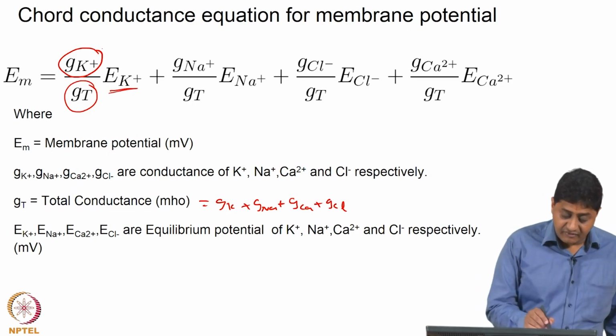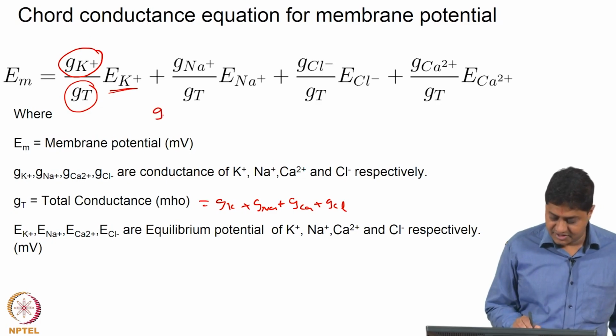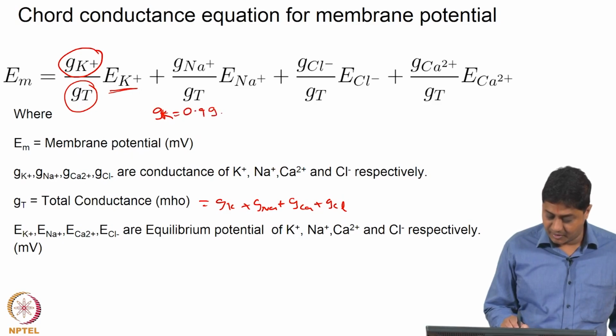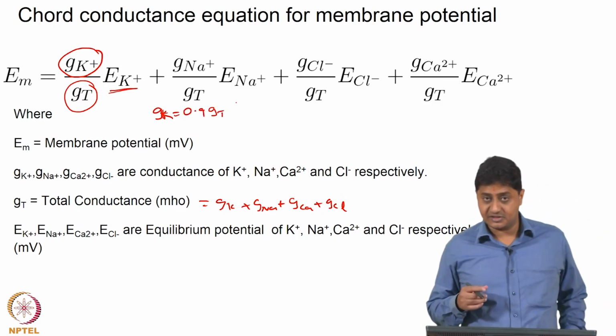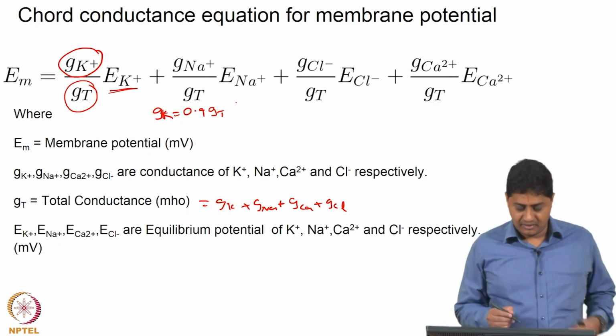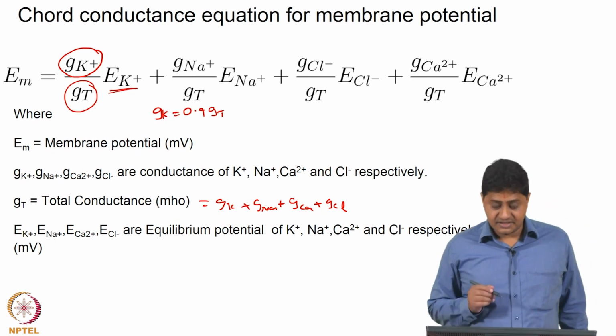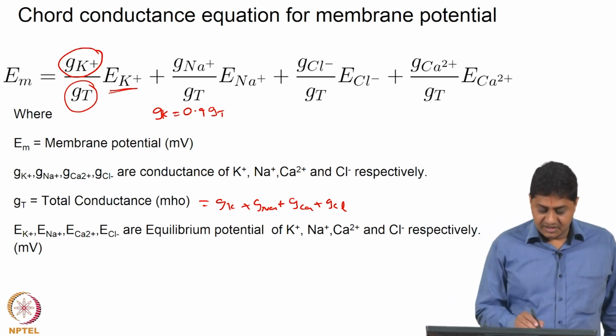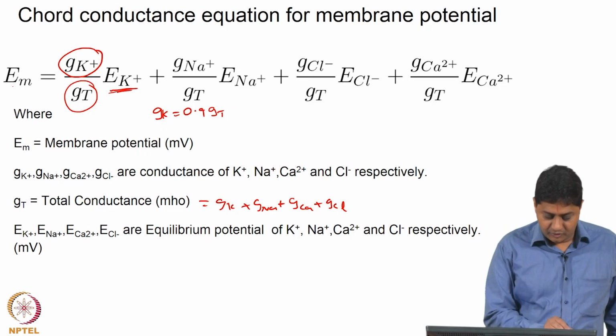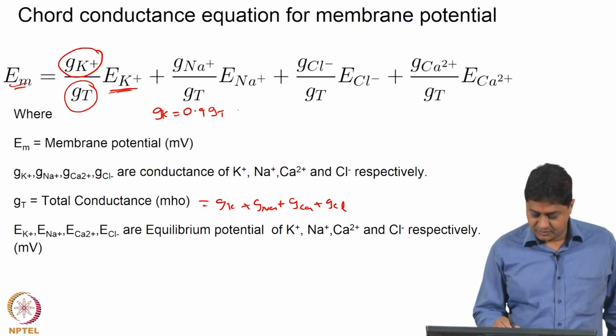So if a lot of the total conductance comes from GK, say GK is equal to 0.9 times GT approximately, let us say 90% of the conductance comes from the potassium conductance, in that case you would expect EK to be closer to EM.